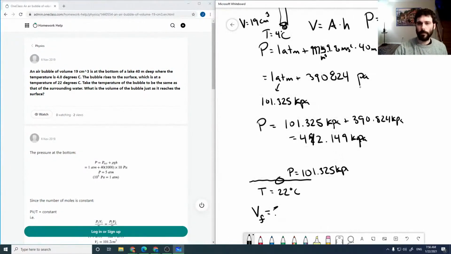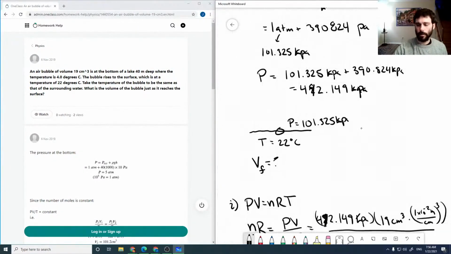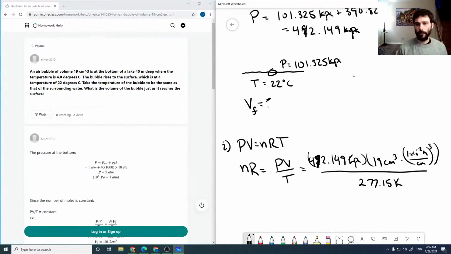So our temperature is 4 degrees, which is 277.15 Kelvin, and our temperature at the surface is going to be 22 plus 273, so 295.15 Kelvin.